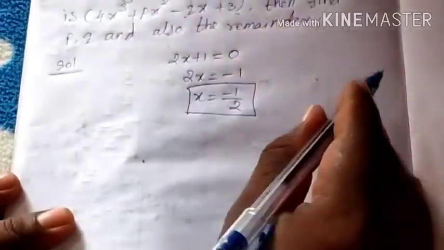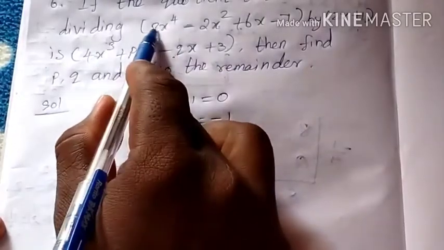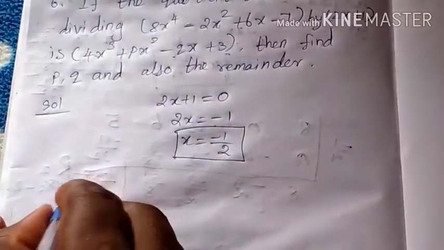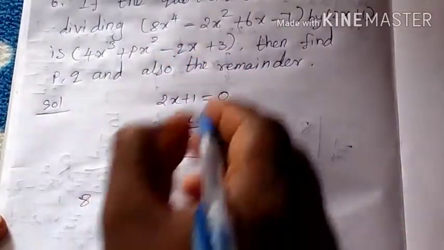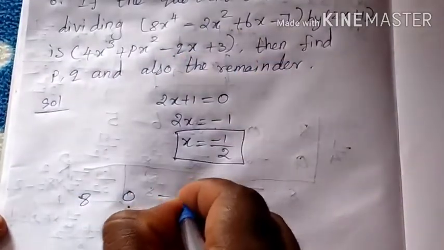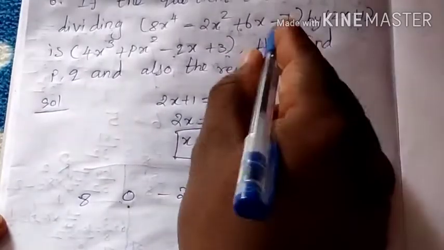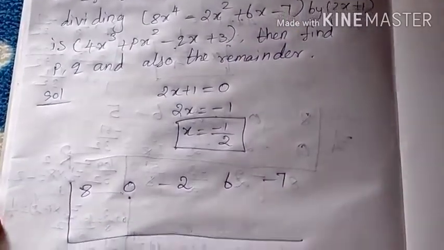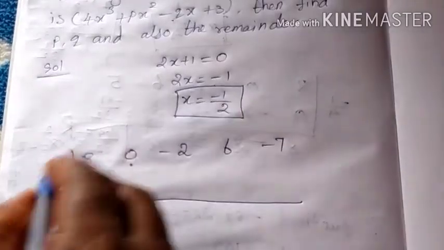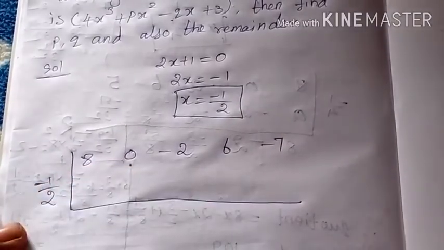Then using the synthetic division method, first write the coefficients of the variable. This is plus 8, and x cube is not given, so 0. x squared is minus 2, x is 6, the constant minus 7. Okay, then the divisor zero is minus 1 by 2.